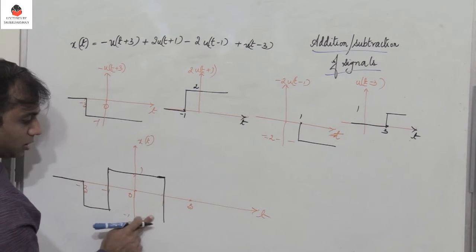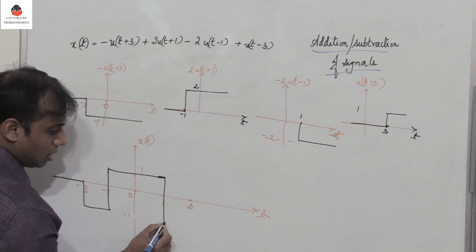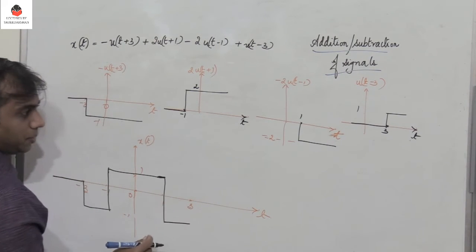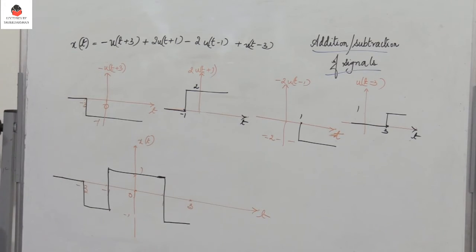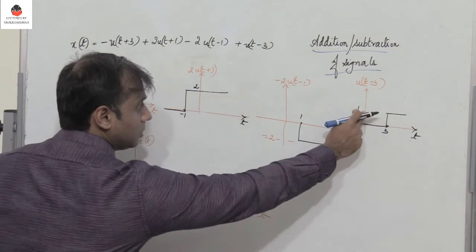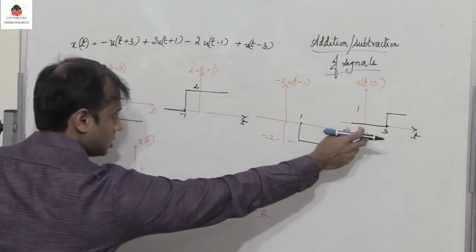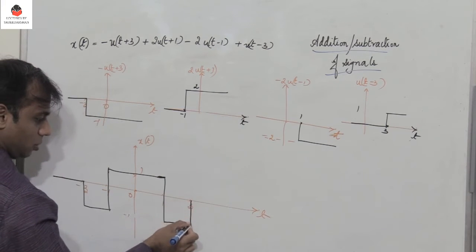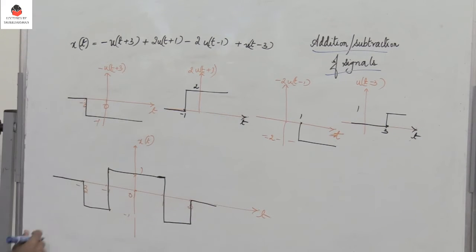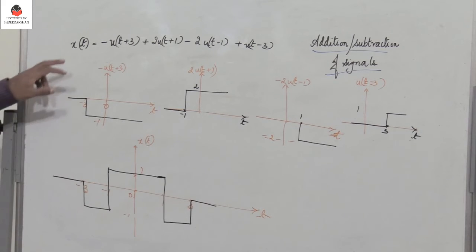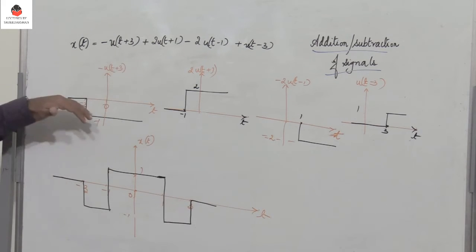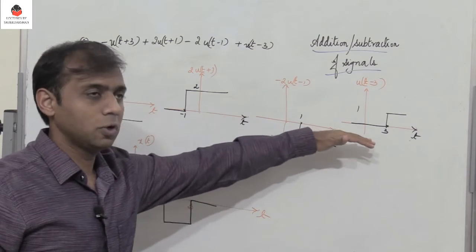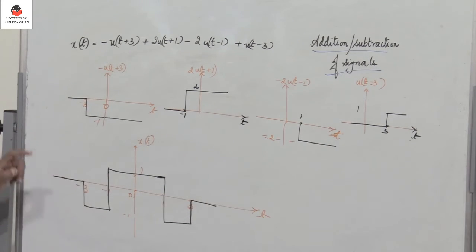So the signal will remain minus 1 from 1 to 3, and at t equal to 3 onwards the signal amplitude is 1. So I'm adding this waveform. So minus 1 plus 1 gives me 0. This is my resultant waveform. All these 4 waveforms added up together give me x of t.